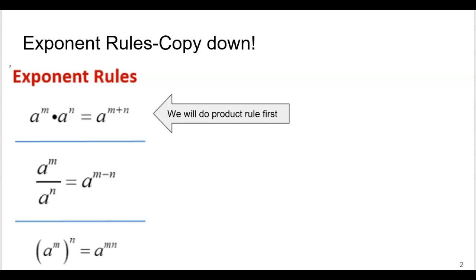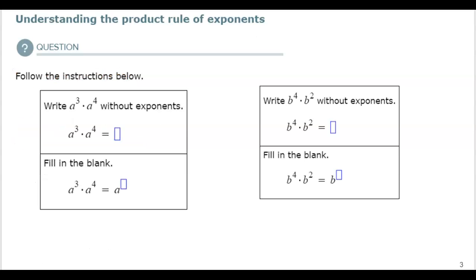So it's telling us that when our bases, notice that our bases are the same, if we multiply something with the same base, then we add the exponents. So we ended up adding m and n. So let's go ahead and practice this. I have the same bases.